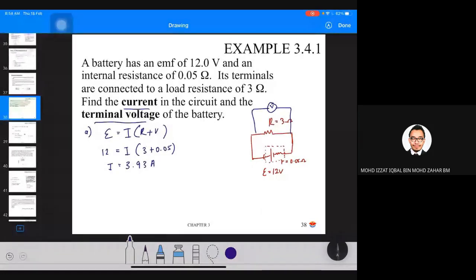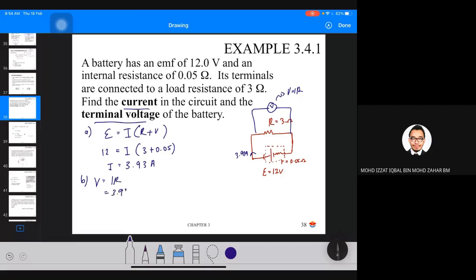Alternatively, you can use V equals to epsilon minus Ir. Or you can use from this equation, or you can use this equation.